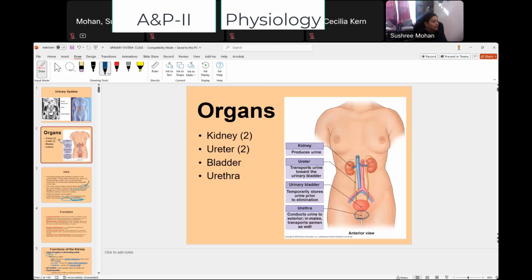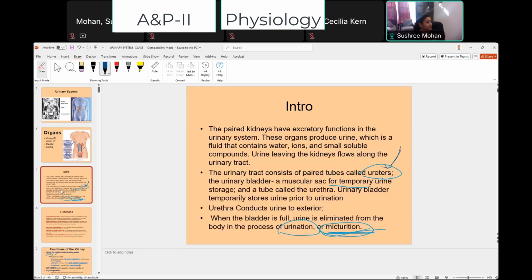And these two tubes are the ureters. Students lose points over here because the question will ask which one is connected between the kidneys and the bladder, and they write urethra. No, it is ureter. So mark the spelling between ureter and urethra, and their location and their functions.